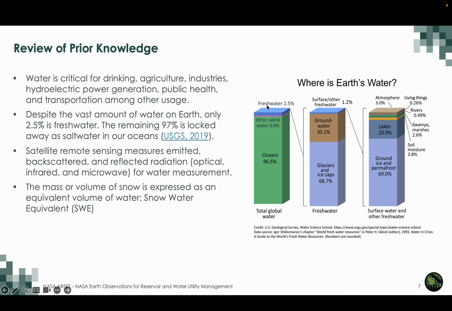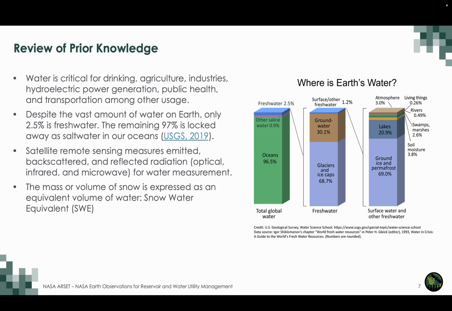Only 2.5% is fresh water, which is usable for these applications, and out of that, only 1.2% is surface water, including lakes and rivers, which contain 21% of total surface fresh water. So ultimately, it is really a very small amount of water that needs to be carefully managed for all these applications, and that's why reservoir management is quite important.